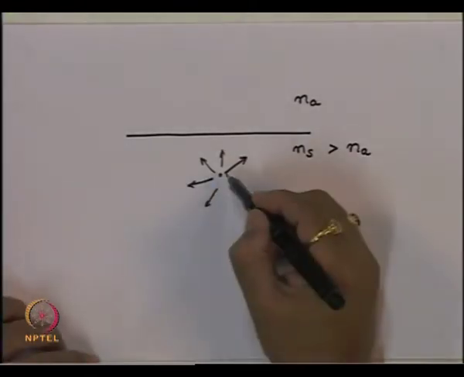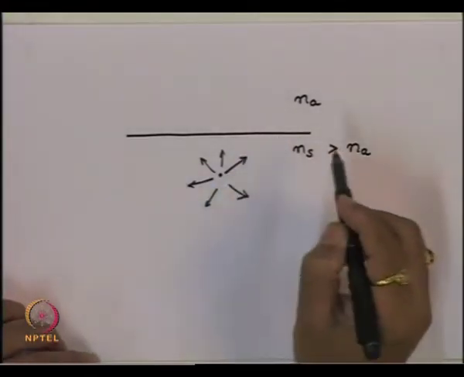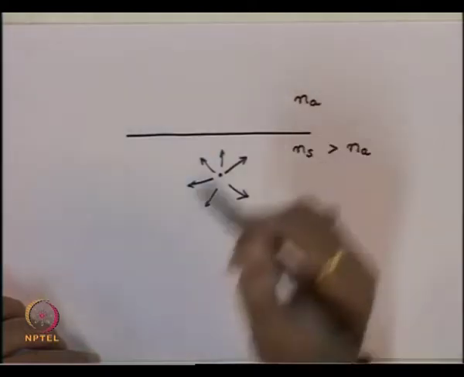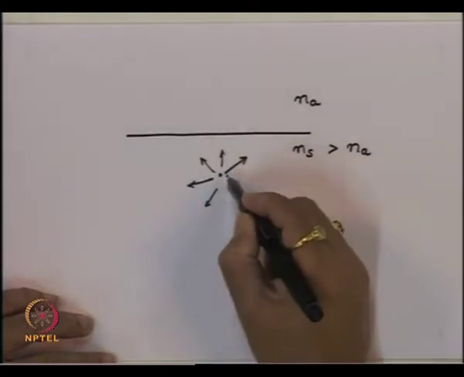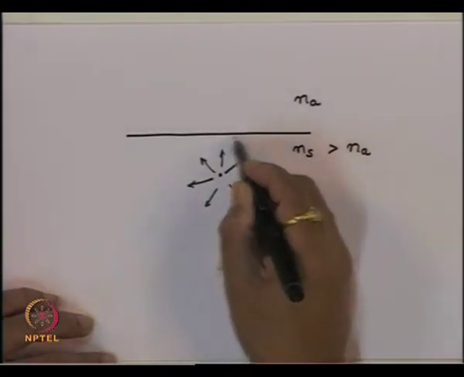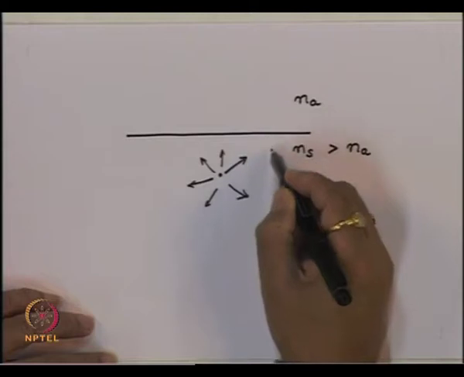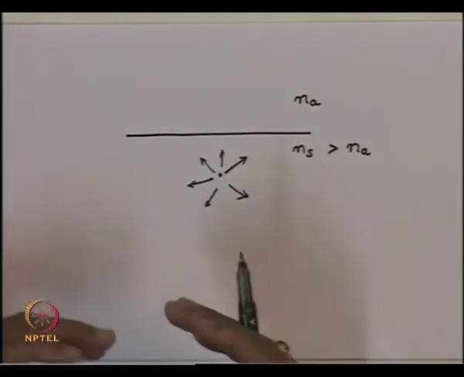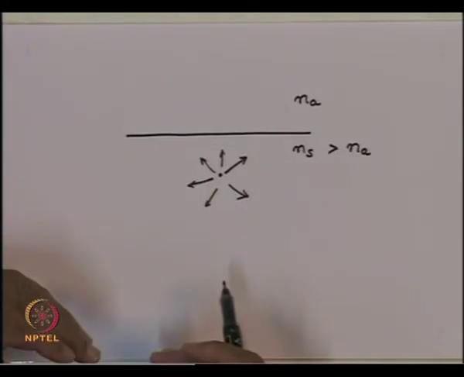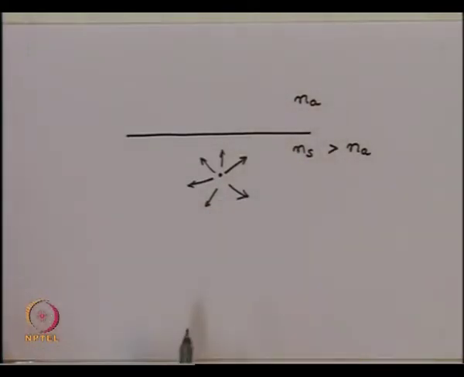So, the photon essentially is trying to go from a denser medium to a rarer medium, and as a result there may be a possibility that when it is incident on this interface at an angle which is greater than the critical angle, the photon is reflected back inside the material again.